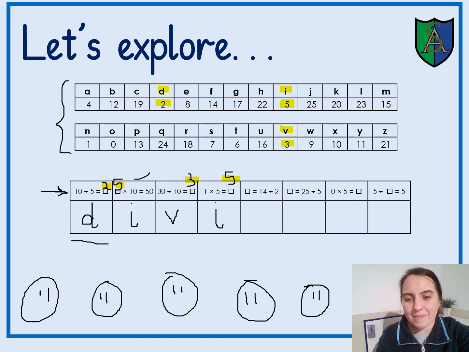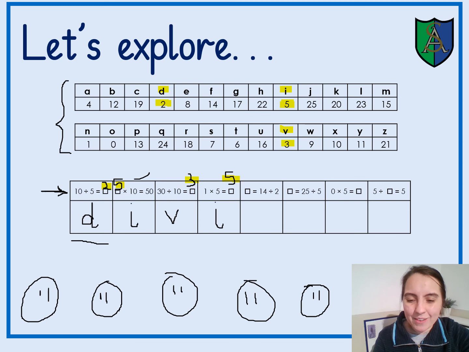Now, what I'm going to do is leave you to work out the rest of this independently or with your class, okay? So remember, you're just solving those missing number problems to help you find the letters to find that word at the end, okay?